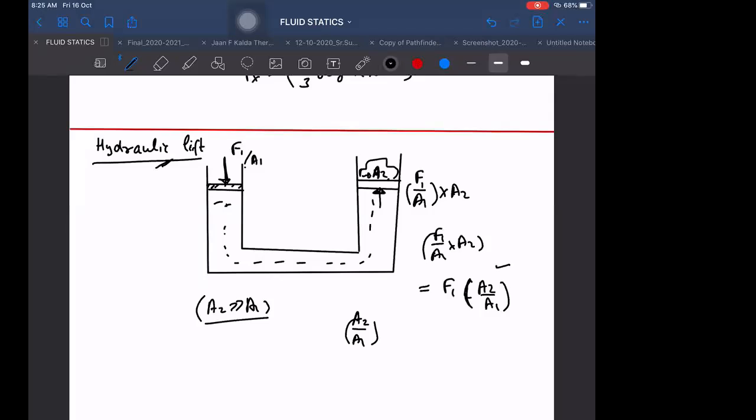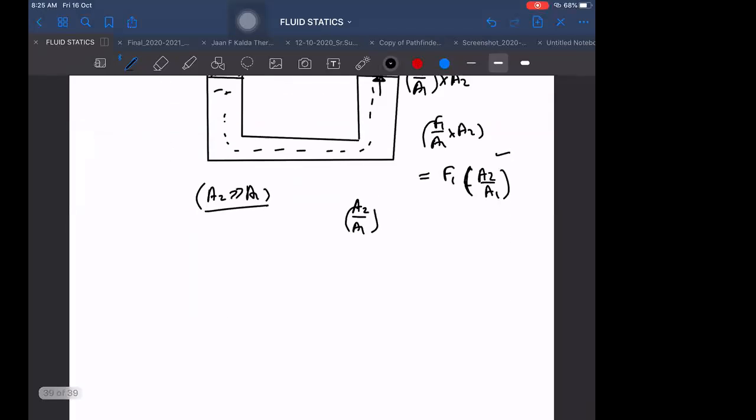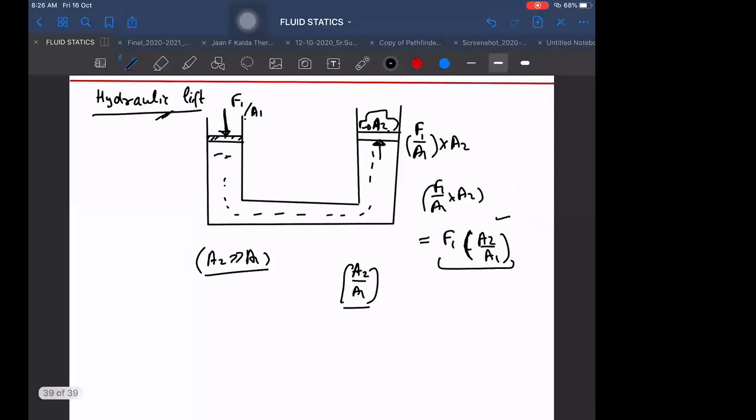I think you are talking about the one with which we remove tires from the car. I don't know what device you are thinking about. This also happens. If the area becomes large, then the corresponding force becomes larger, and we are able to lift it up. Okay. Anyway, next.